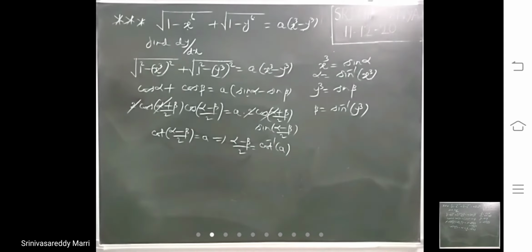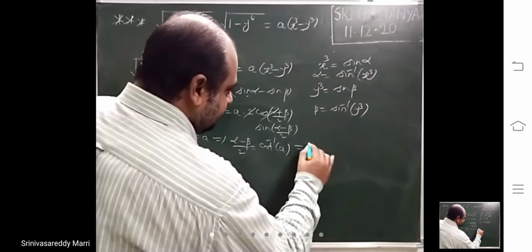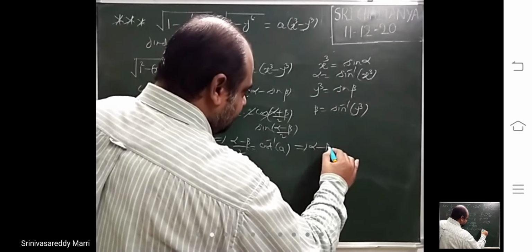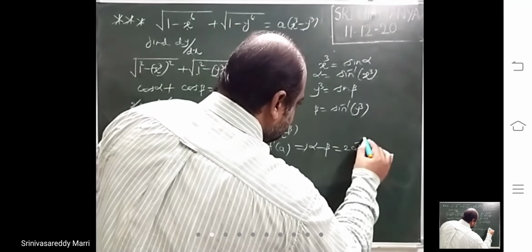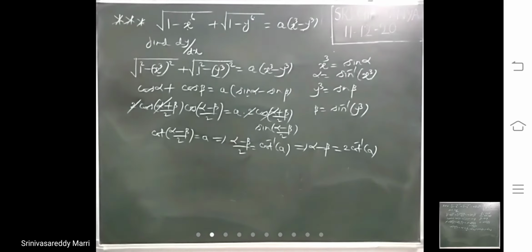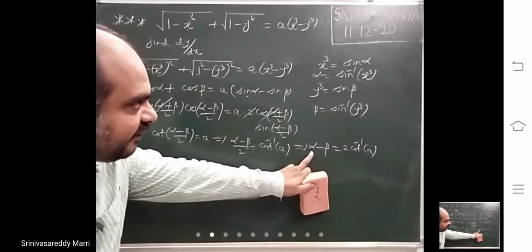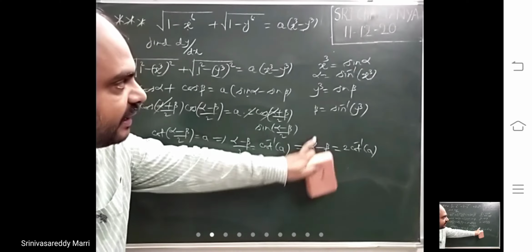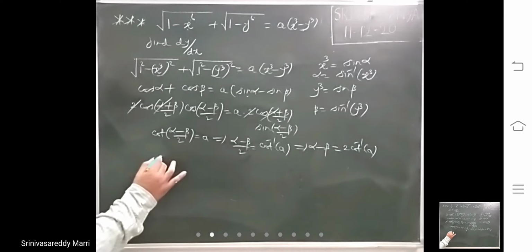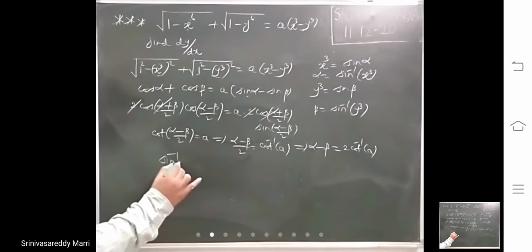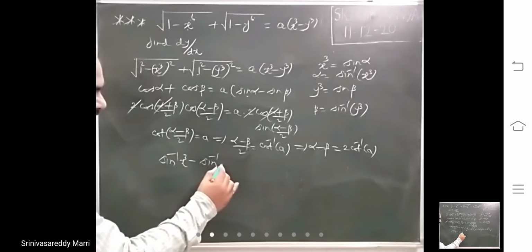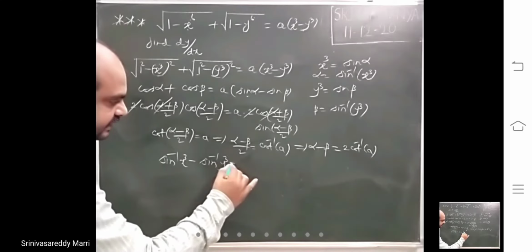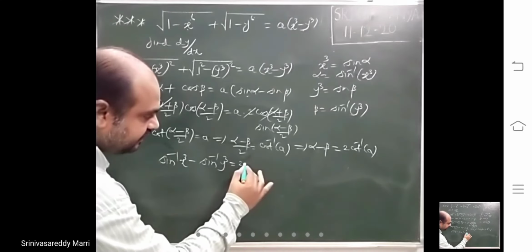Bringing the cot to that side, cot inverse a, that implies alpha minus beta is nothing but 2 cot inverse a. Now look, alpha is what? Alpha is nothing but sin inverse x cube, and beta is nothing but sin inverse y cube.